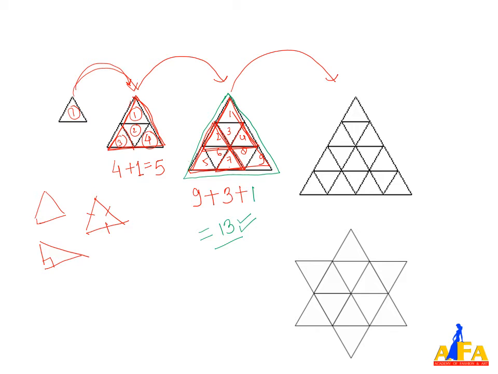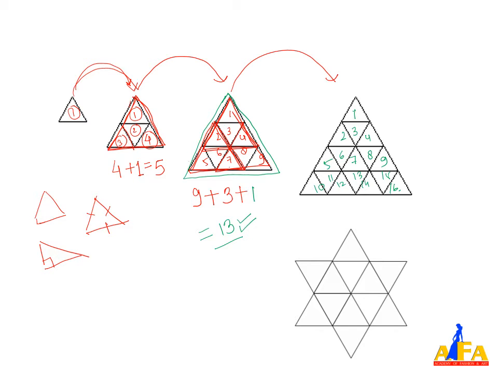If we move forward, we can see the triangle having more smaller triangles, and we can easily count 1, 2, 3, 4, 5, 6, 7, 8, 9, 10, 11, 12, 13, 14, 15 and 16.